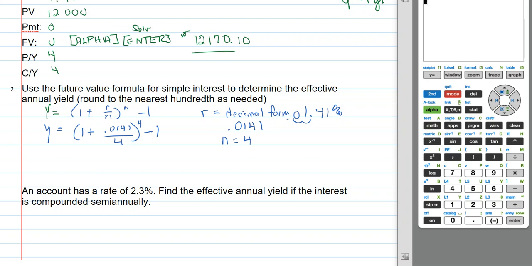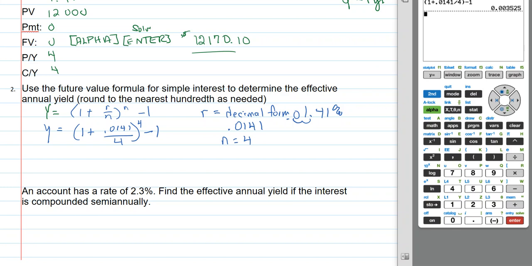Clear will do it as well, I believe. I'm not sure though, I've never used it. I use second quit. 1 plus decimal 0.0141 divided by that 4, close parenthesis, minus 1. Let me look, because sometimes I think I'm typing correctly, but I don't.